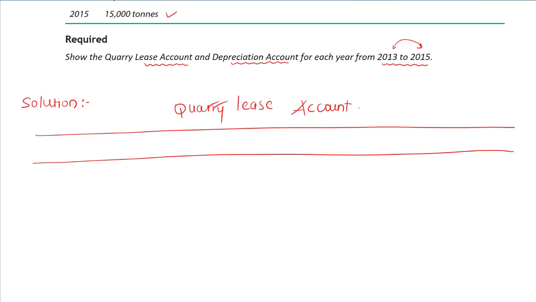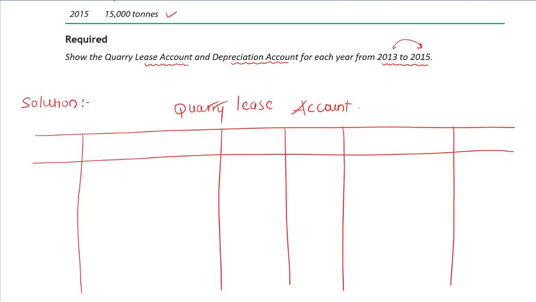Draw the format of the account: Date, Particulars, Amount, Date, Particulars, Amount.